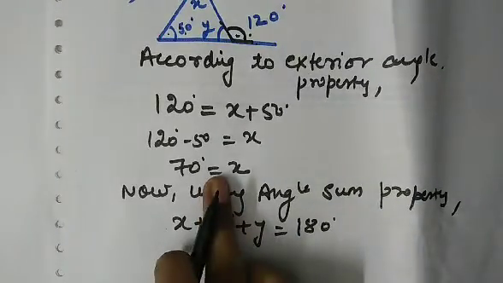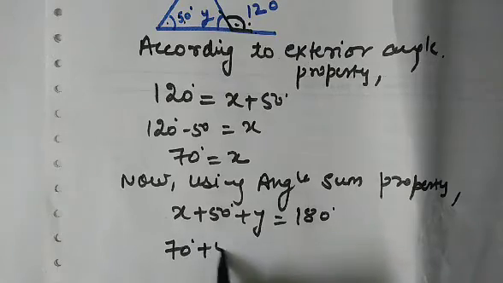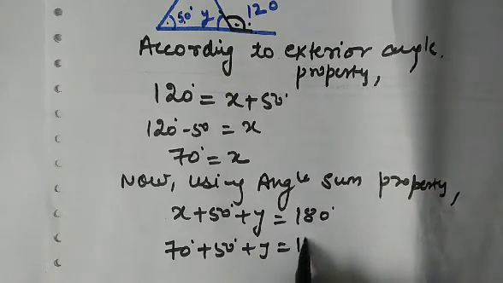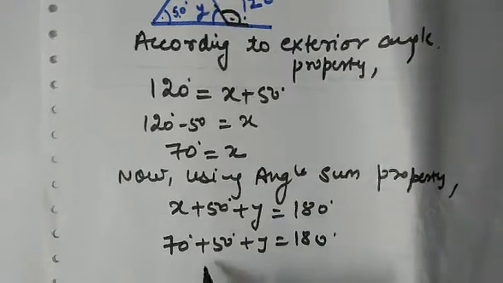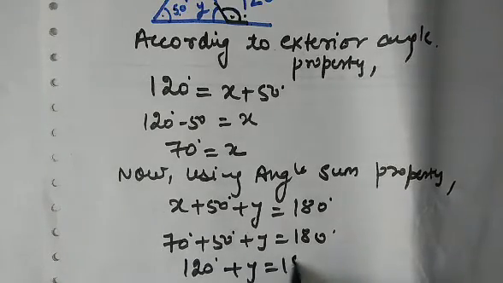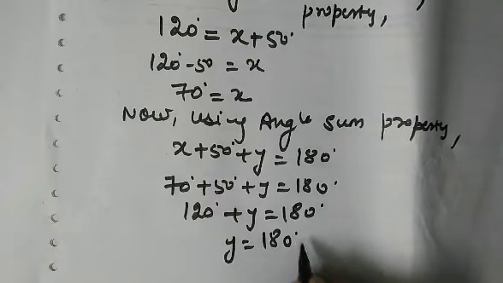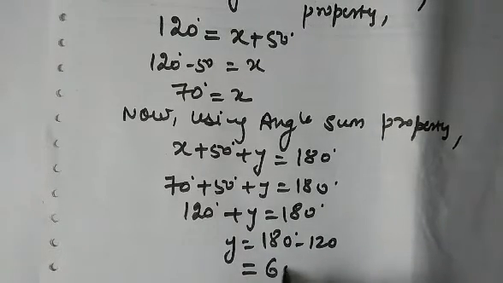Now x we have calculated as 70, so I will put the value of x: 70 plus 50 plus y equal to 180. So 70 plus 50 equals 120. So how will you calculate y? y equals 180 minus 120, so this is 60 degrees.